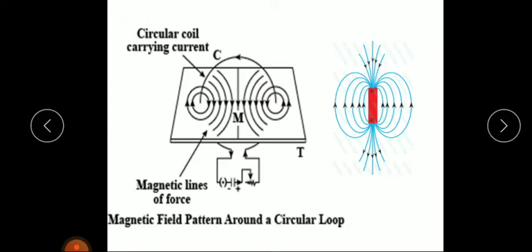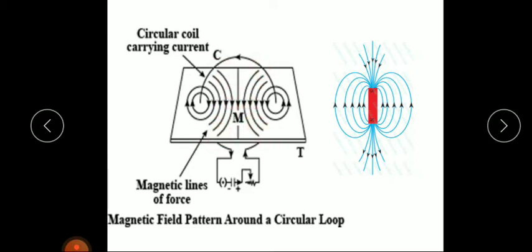Here you can see the positive end and here you can see the negative end. Current is flowing along this direction, that is in the anti-clockwise direction. When the current is flowing in the anti-clockwise direction, you can see the field lines are coming out from this face.